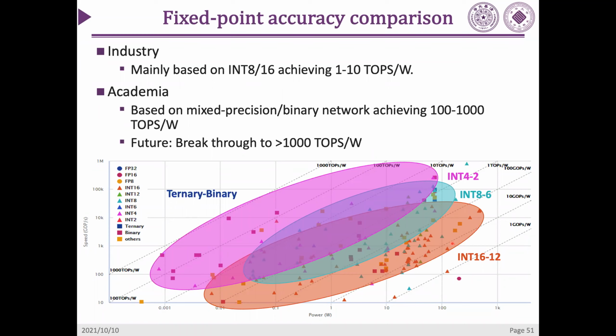In addition, the industry still mainly uses int8 and int16 to achieve an energy efficiency ratio of 1 to 10 teraops per watt, while the academia community mainly uses hybrid precision and binary networks to achieve 100 to 1,000 teraops per watt, and is making a breakthrough towards maybe 10,000 teraops per watt.